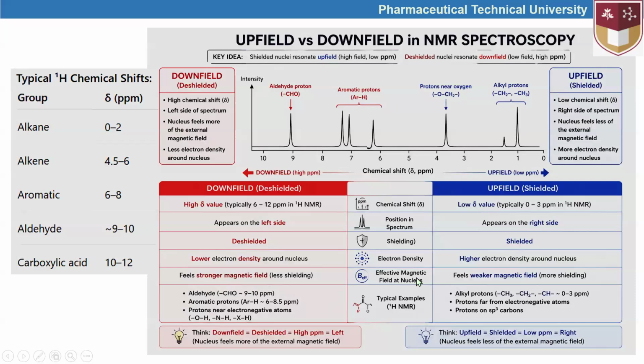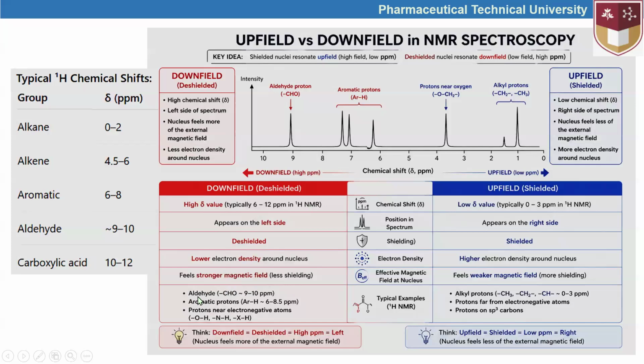So the shielding effect determines the location of the chemical shifts of different carbons, I mean, carbons or hydrogens that belong to different functional groups.